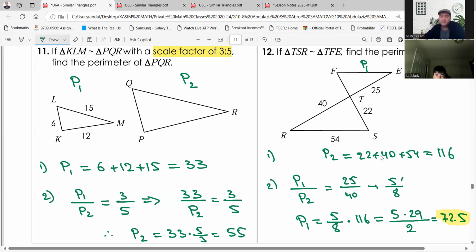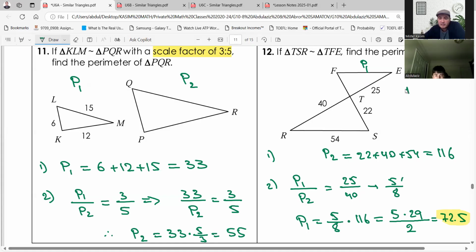Did you understand here? First, I found the perimeter of the second one. We are given two triangles, so they are similar to each other. The perimeter of the second one is 22 plus 40 plus 54, which is 116. The ratio of their perimeters is also equal to the ratio of their corresponding sides. P1 over P2 is equal to 25 over 40. Why?